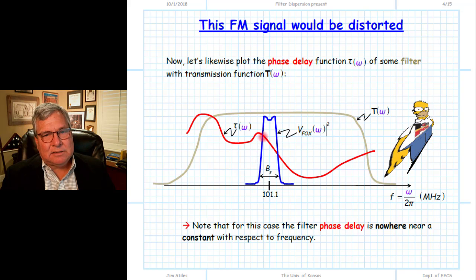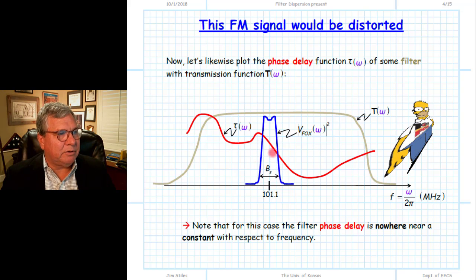That delay is higher, it's longer. And so as we go from lower frequencies to higher frequencies across our spectrum, the delay of each of those frequency components changes from something that is very long or high to something that is lower.